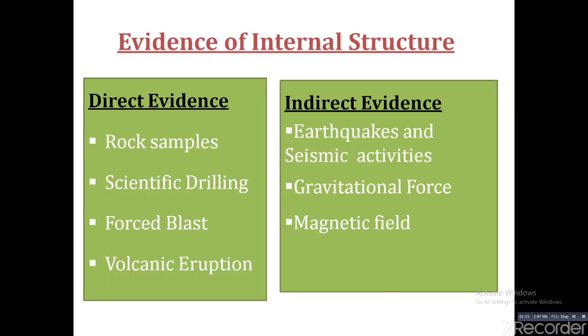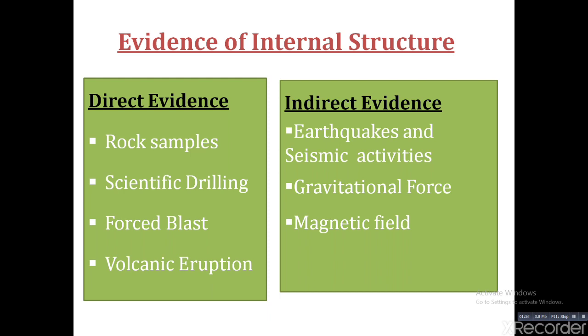In direct evidence, we take rock samples, scientific drilling, which the scientists are able to do up to 12 kilometers, deep blast, which the scientists are able to do up to 100 kilometers at Kola in Arctic Ocean, and volcanic eruption. In indirect evidence, we take earthquakes and seismic activities, gravitational force, and magnetic field.